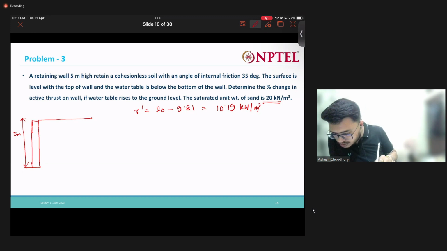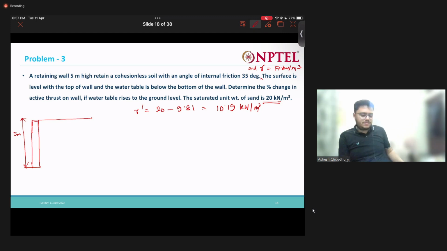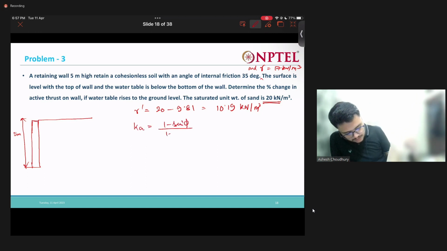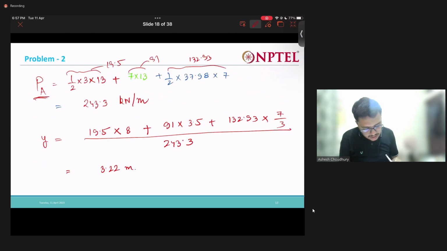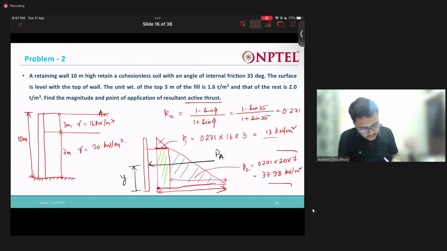And what is Ka? Just determined, it was the same for the previous problem also, right? 35 degrees, so 0.271.